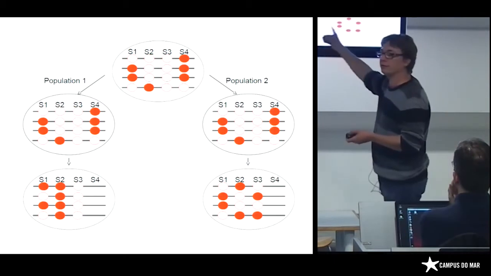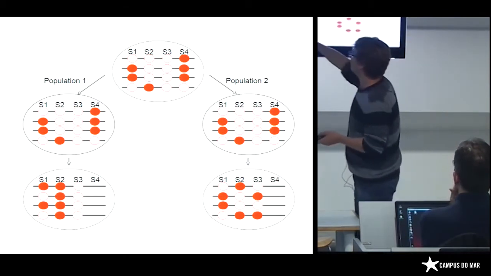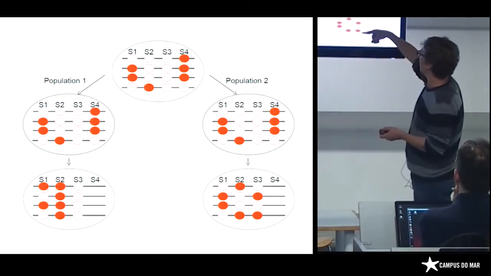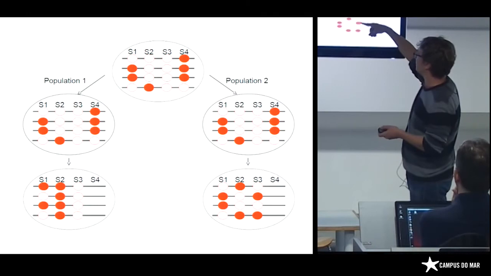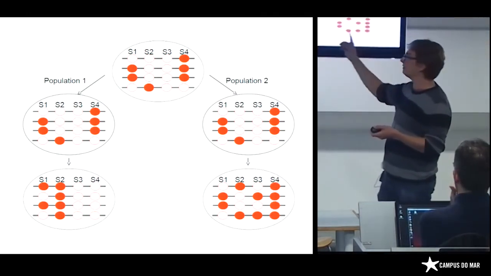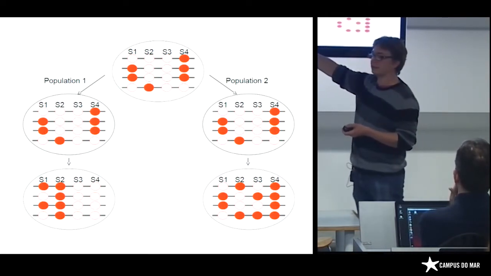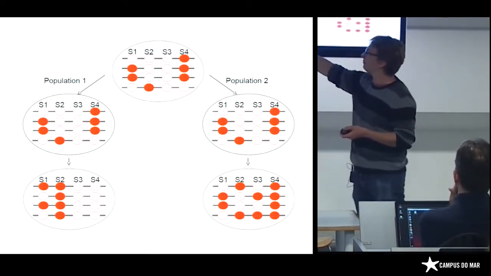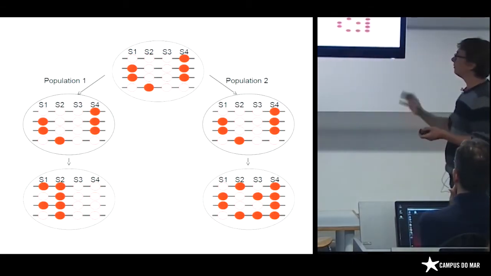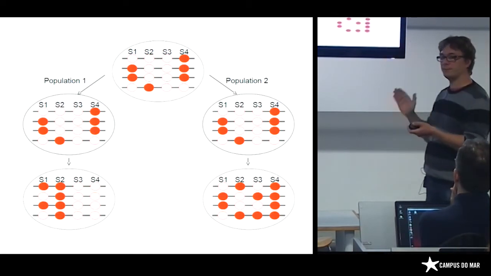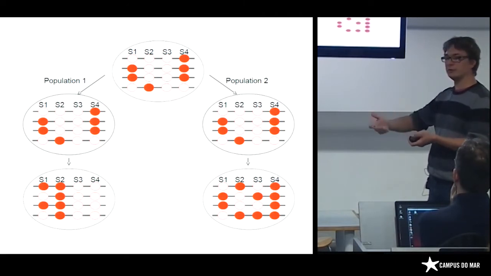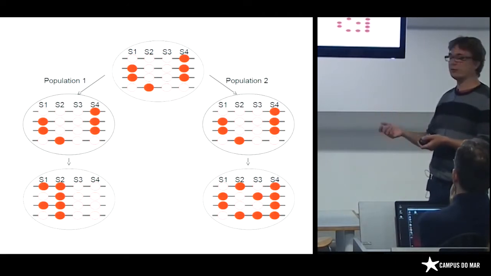Here you have the reverse: the ancestral allele is fixed in population 1, and the polymorphism is present in population 2. And here you have differentially fixed alleles, the ancestral allele in population 1 and the derived allele in population 2. So basically, these 3 kinds of polymorphisms are the data we are using to reconstruct the history of gene flow.